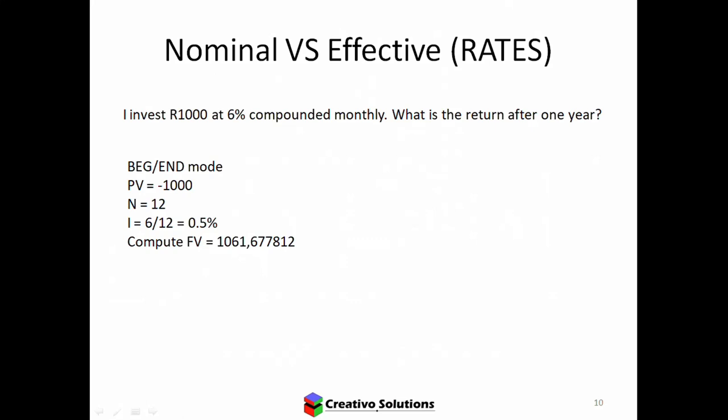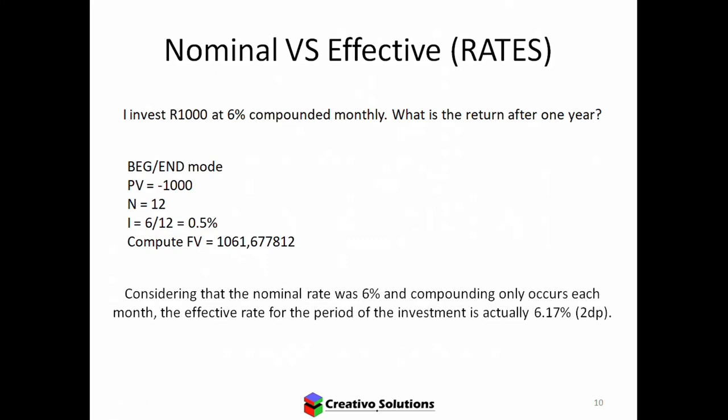Well, definitely. Previously, when we were compounding every year, the compounded rate, in other words, the effective rate, was the same as the nominal rate. Here, our nominal rate was quoted at 6% compounded monthly. So an effective rate is looking at the return on investment over a period of time.